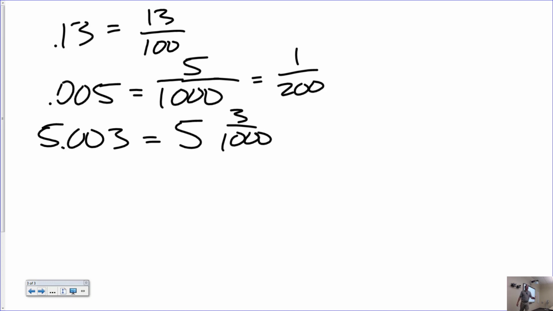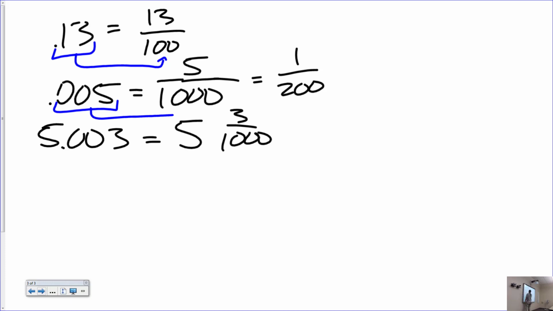Now, one of the things that I like to show students, just so that you can see it, is notice, how many decimal places are there in that number? 2. How many zeros are in my fraction? 2. How many decimals are in this number? 3.